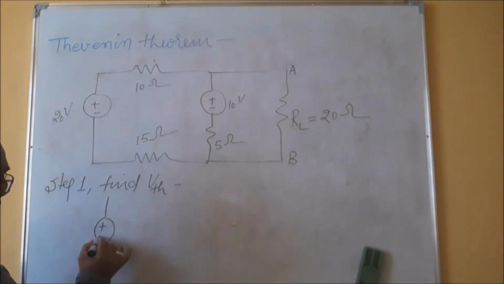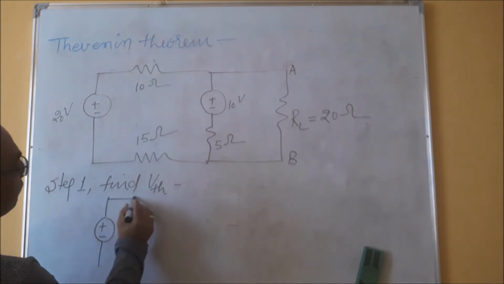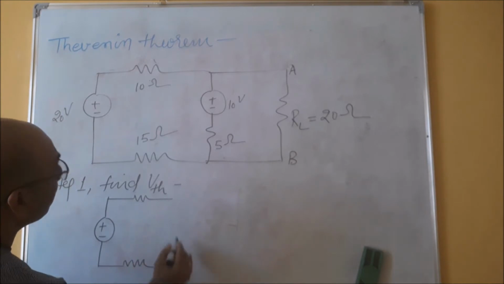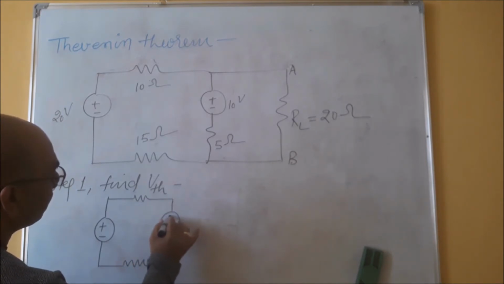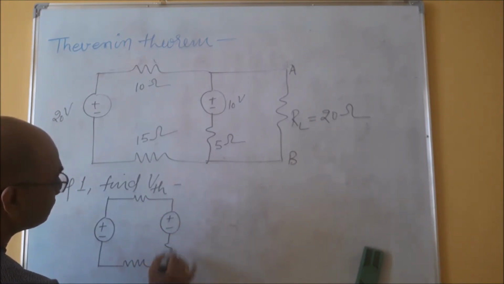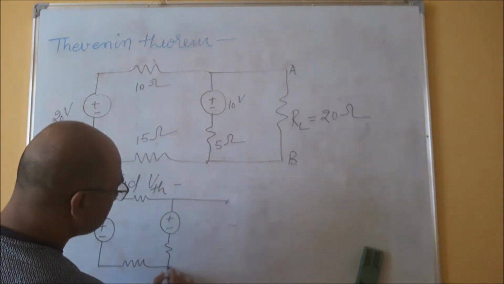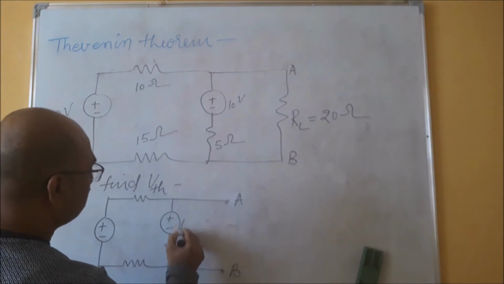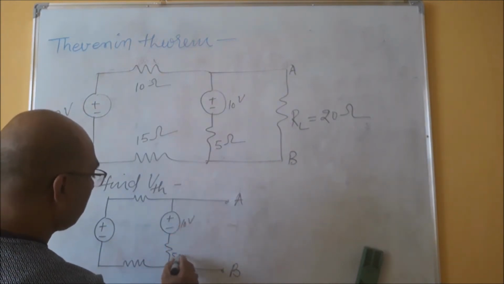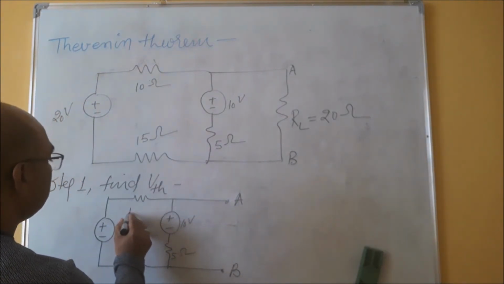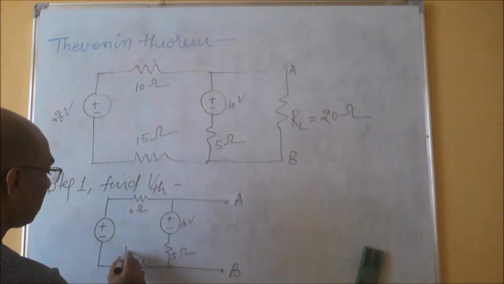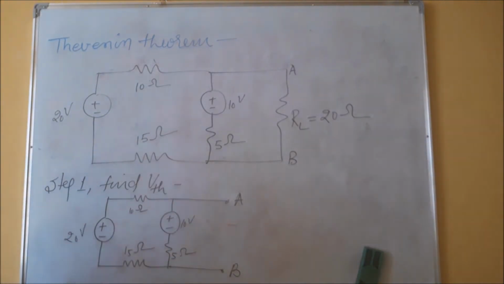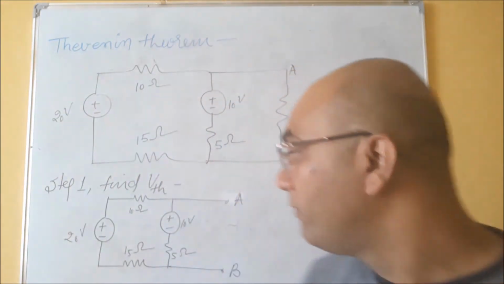As we know from the theory, if we want to draw a circuit for VTH, this will be the equivalent circuit for getting the value of VTH.